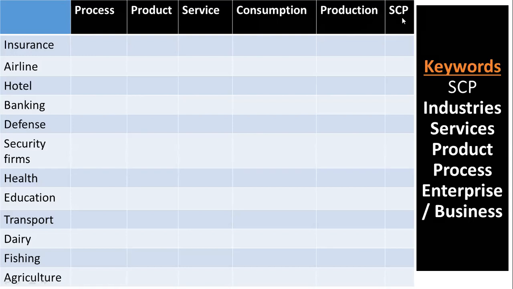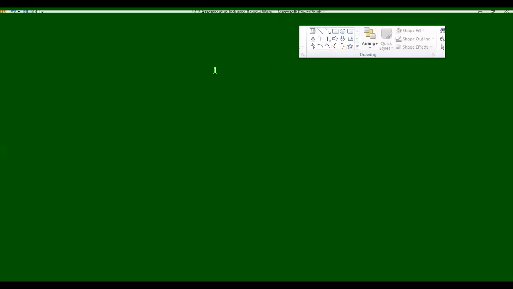So we are going for some practicalities, utilizing our knowledge: how to identify an enterprise from the scope of sustainable consumption and production. Some have relevancies, some may have irrelevancies.